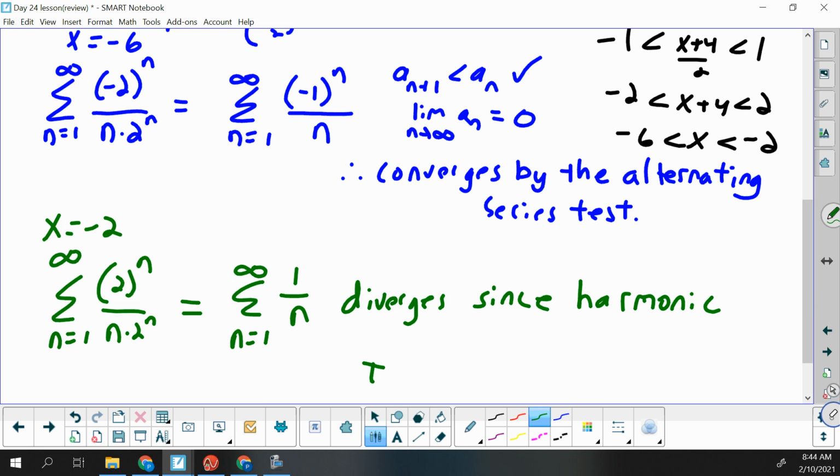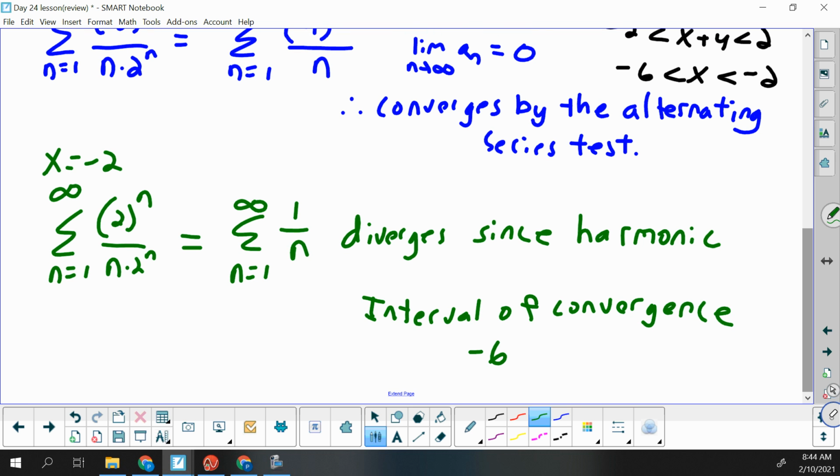So therefore, our interval of convergence will include the negative 6, but not include the negative 2.